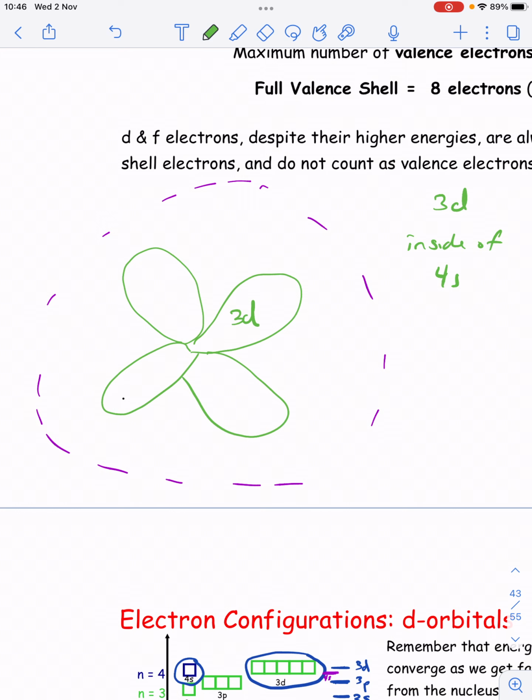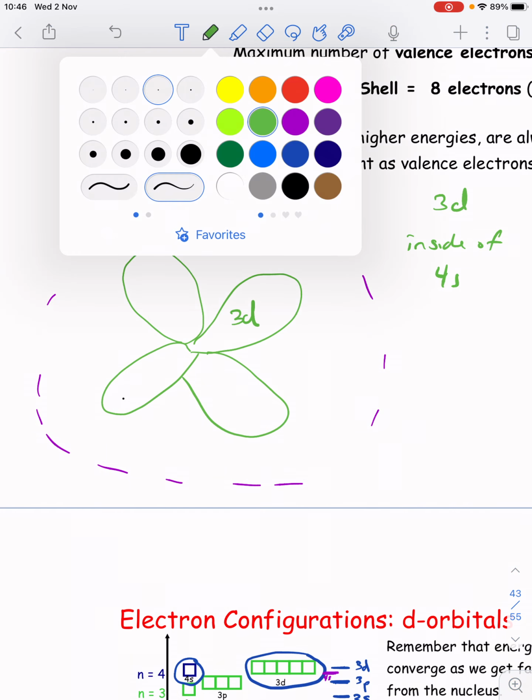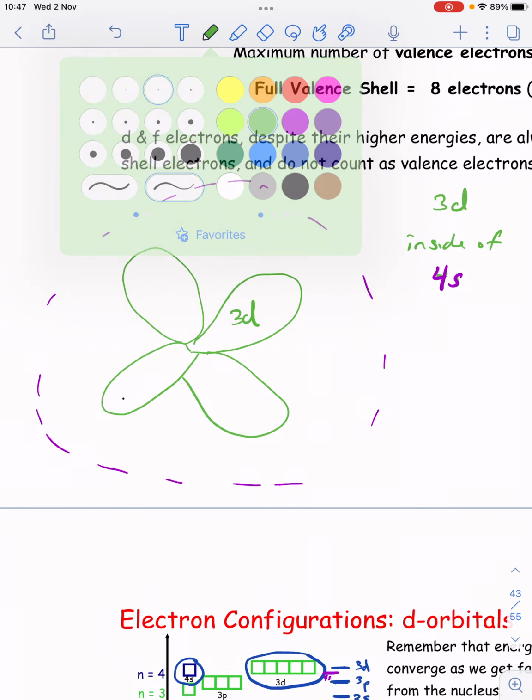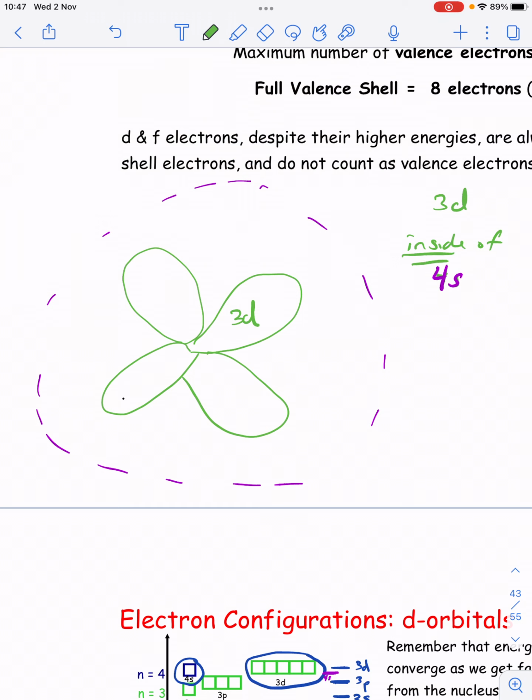So 3d is inside of 4s. And what that means is that the 3d electrons are never valence electrons, because d electrons are always inside. So 3d electrons are core electrons, or inner shell electrons. They are not valence electrons.